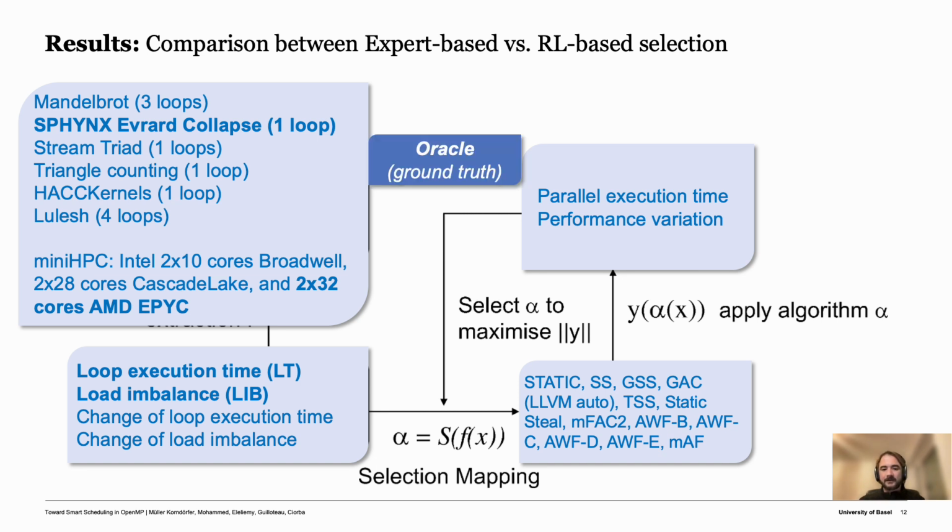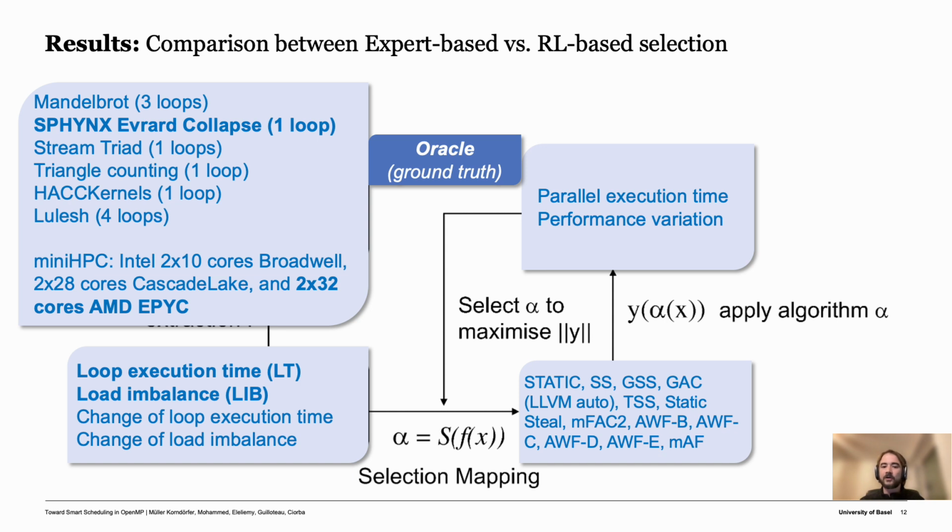The main methods that we look at are all of them, but here it's important to highlight Oracle. Oracle is not a method. It is something we calculate after the execution. It is an ideal scenario where one could have all the information.